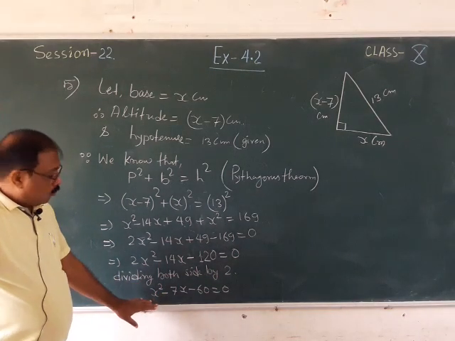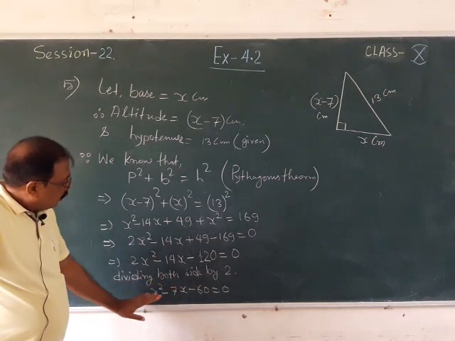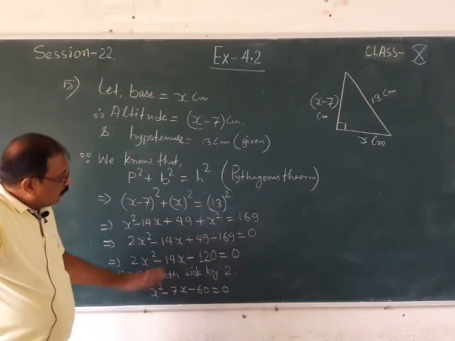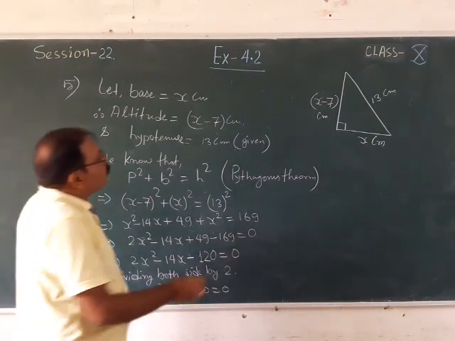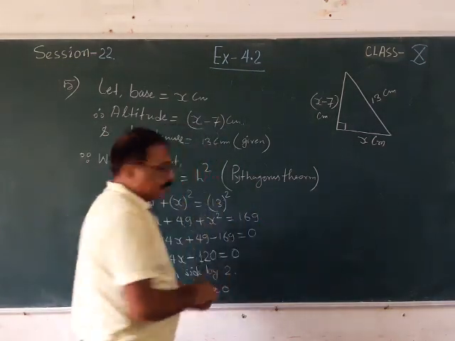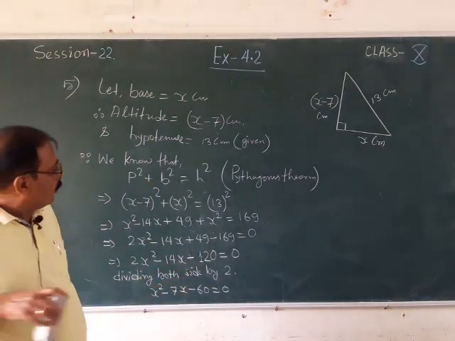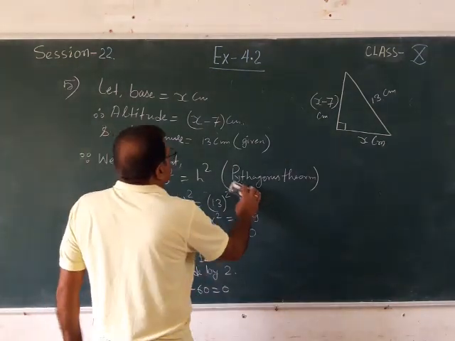Now you need to factorize it so that you can find the value of x. Let us see how to factorize it. Just copy till here so that I can factorize it.